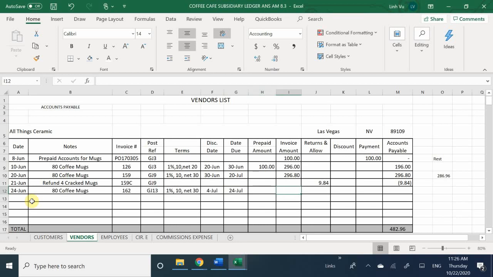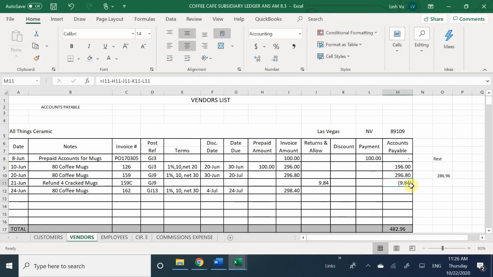The invoice is 198.40. We have to include the freight, so it's 298.40.